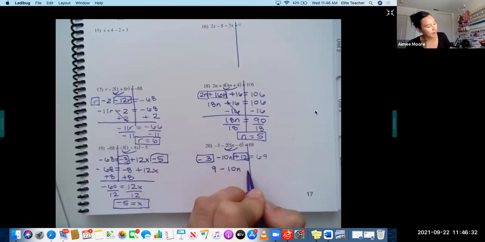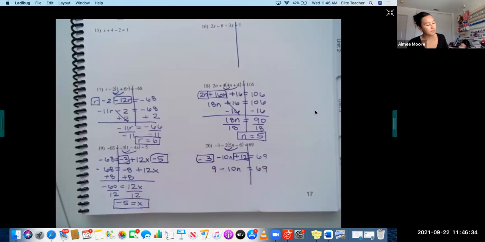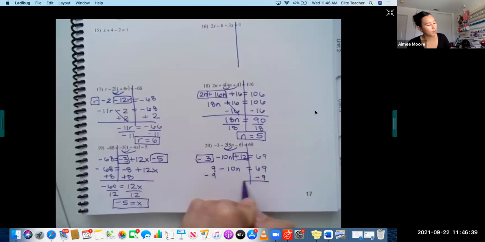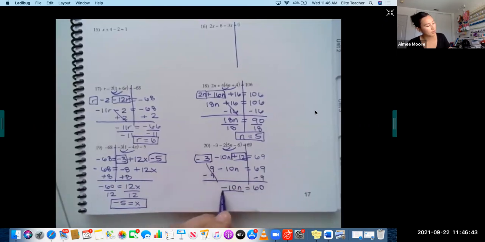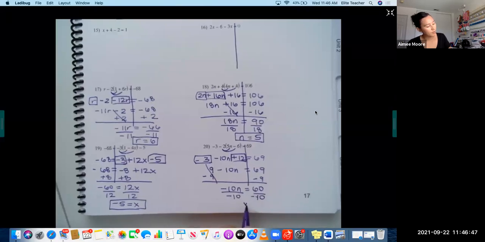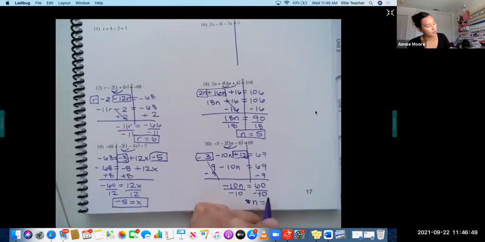Bring down -10n and 69, and then go ahead and solve. So subtract 9 from both sides. -10n equals 60. Divide both sides by -10. And n equals -6.